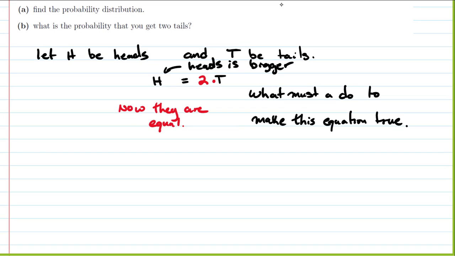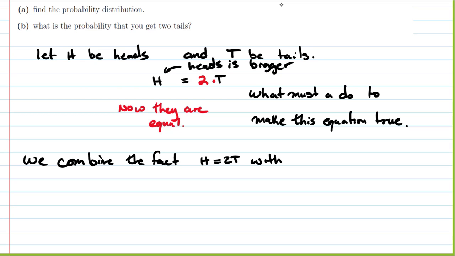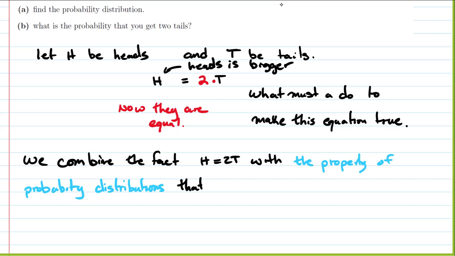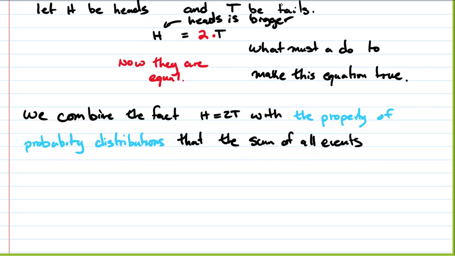Well, we can combine the fact h equals 2t with the property of probability distributions that the sum of all events must equal 1.